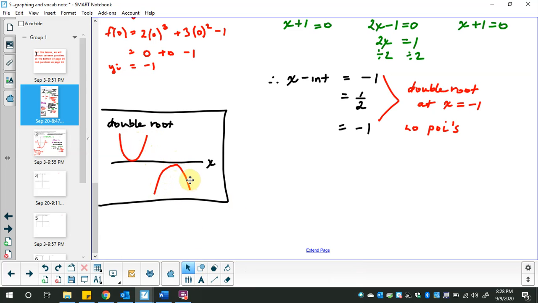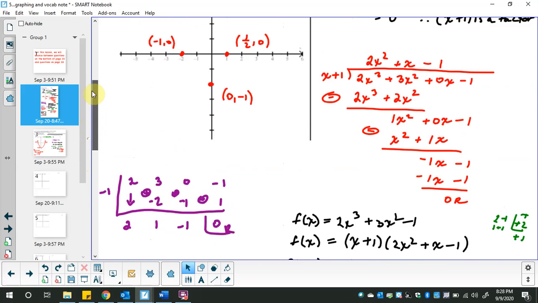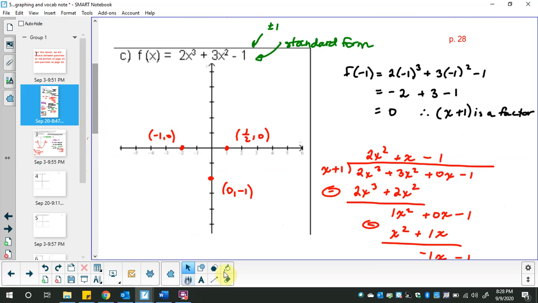And your job is to figure out, with this picture, at the -1 value, at this value right here, double root, what happens? Is it a bounce down from where it came from, or is it a bounce up where it came from?